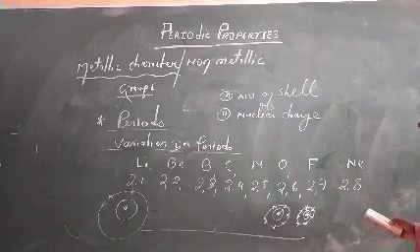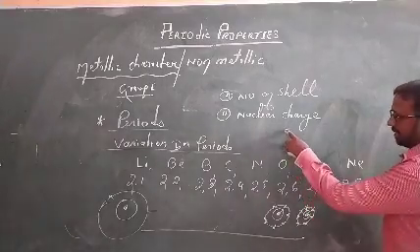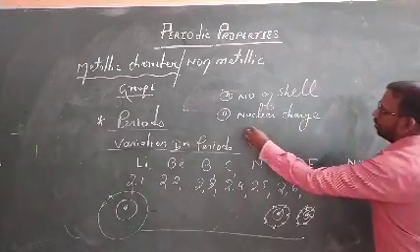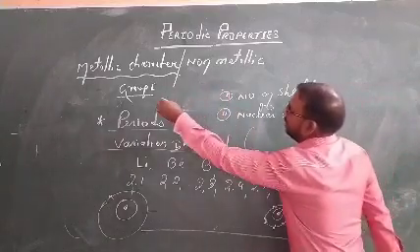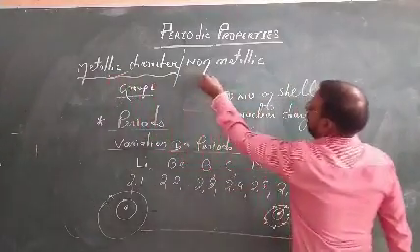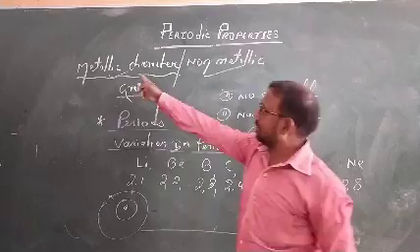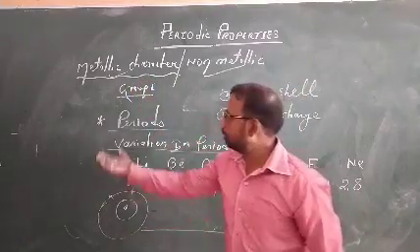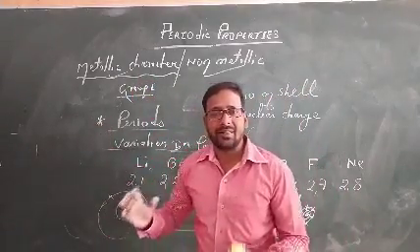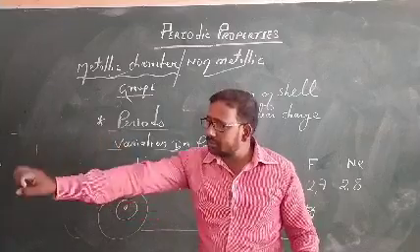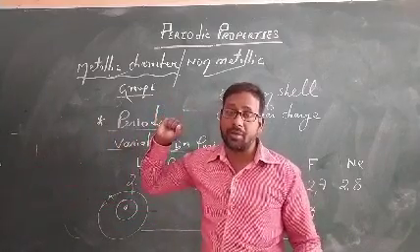Now, once we talk about character, which one? Metallic character and non-metallic character. Metallic character means losing electrons. In a group, size increases, so you can pull the electron very easily from the outer shell.